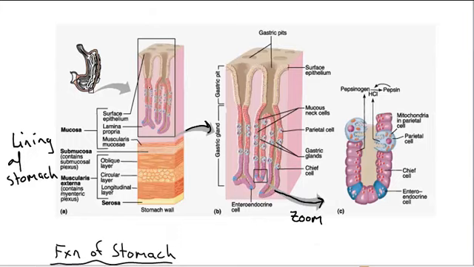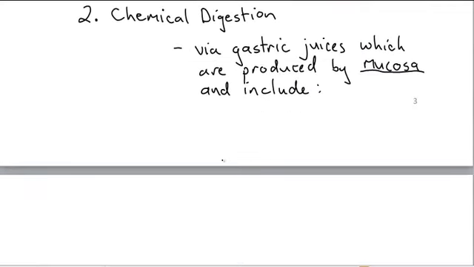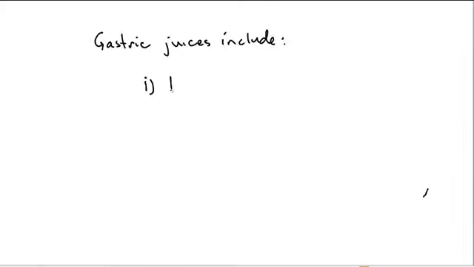They're called gastric pits because they're the pits of the stomach, and it's where the different ingredients of your gastric juices are being produced. So we're going to look over onto the next page and write: gastric juices include, first, we have HCl, or hydrochloric acid.